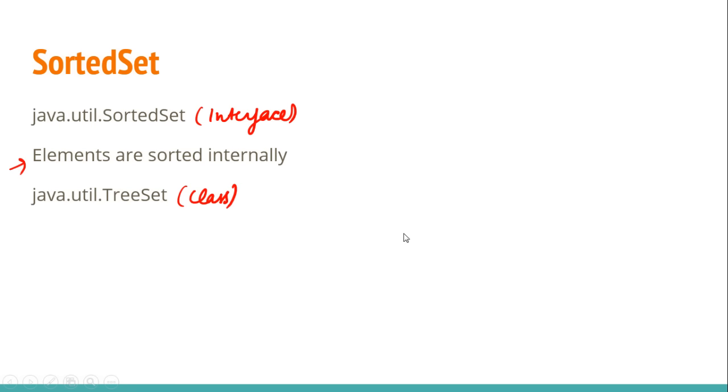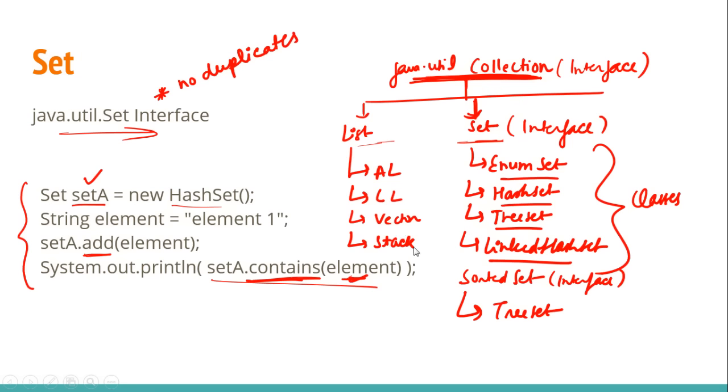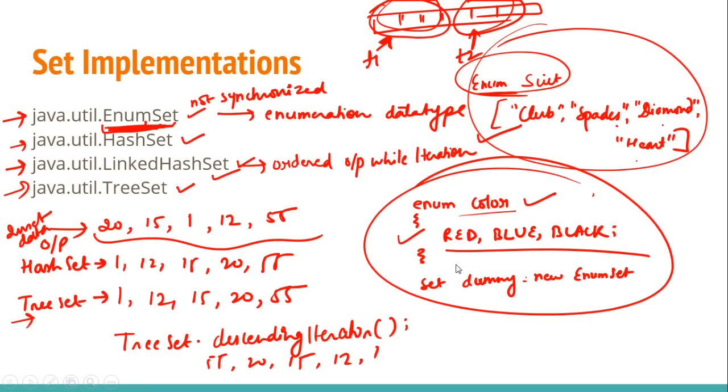So the whole point of having a set is that we want to have a unique set of elements represented by this collection interface, right? So be it hash set or enum set or linked hash set or tree set, all these classes would have unique elements.